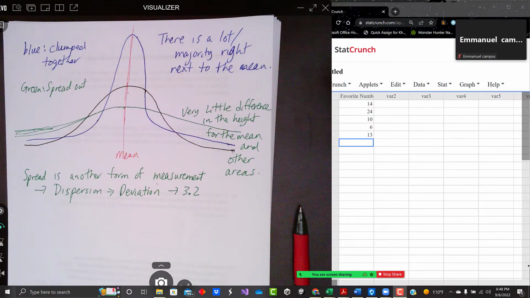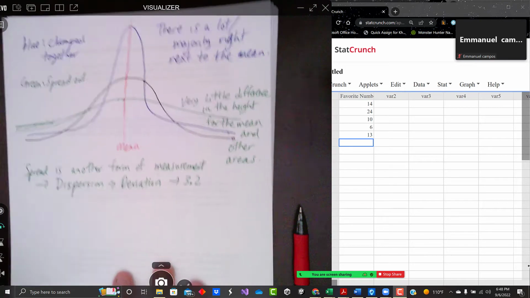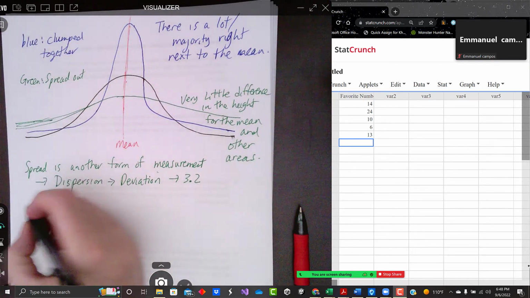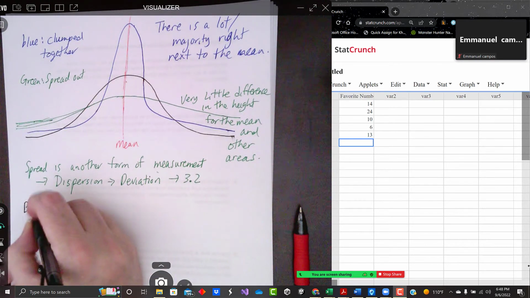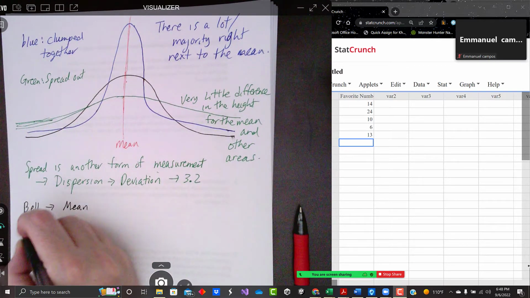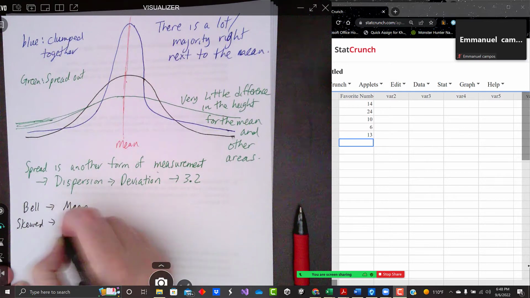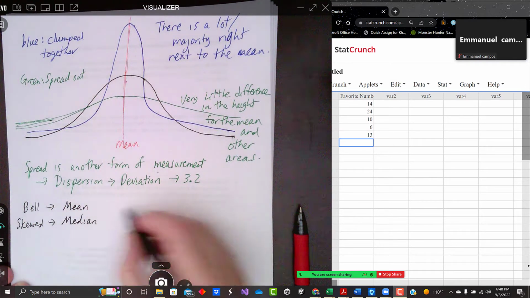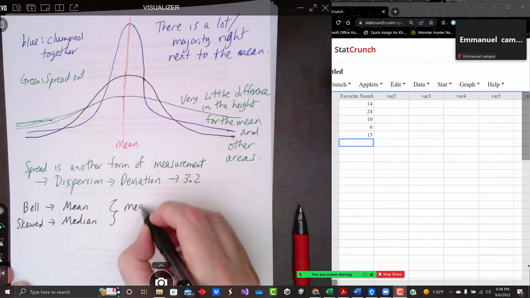And so as I was saying, for bell-shaped, we prefer the mean. For the skewed graphs, we prefer the median for our centers. Measures of center.